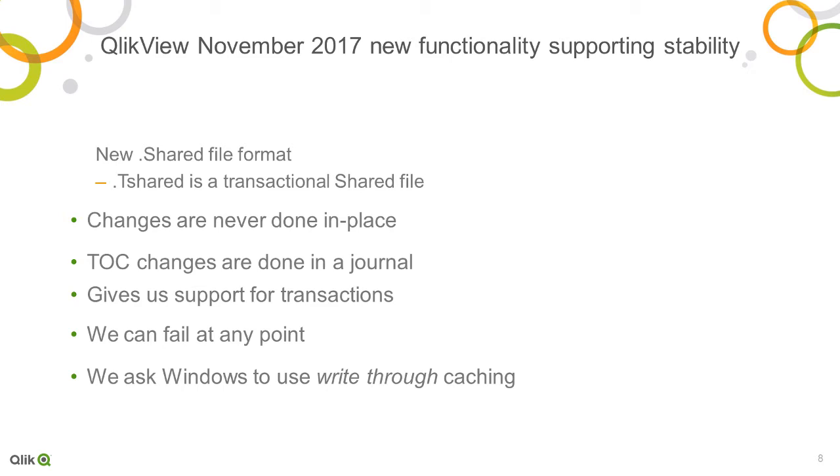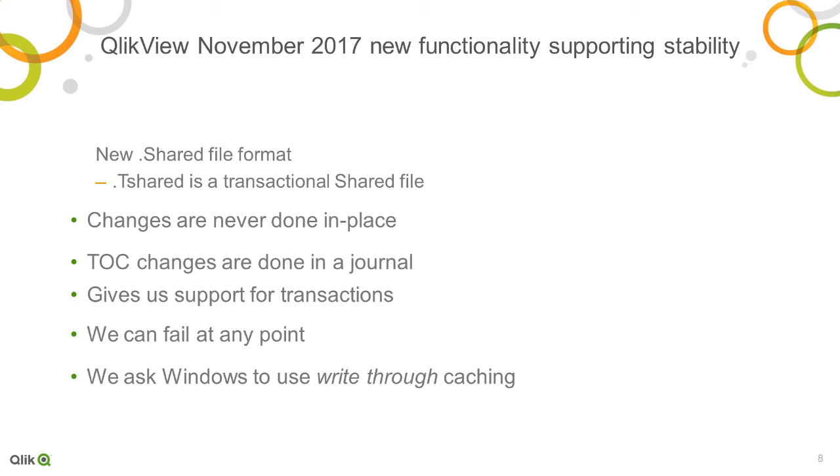It's done in a journal so that it can then be written back to the shared file. So it's effectively making the shared file go from a flat file on disk into more of a database-like structure, which means that it secures the product highly.